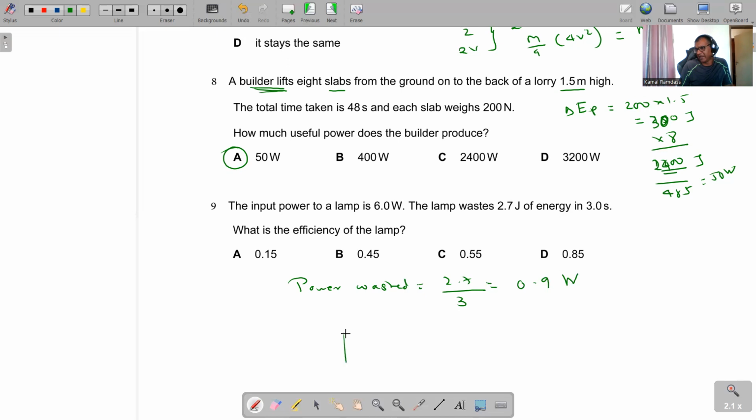So there is a system with power in, useful power which is 5.1 watts, and waste which is 0.9 watts.